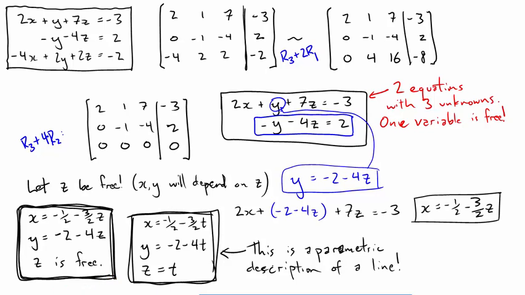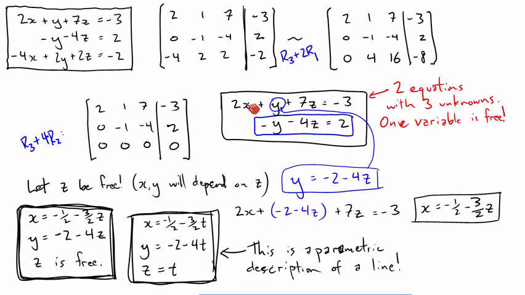So now that we see through these equations that it's a line, let's think about that. We started with 3 equations. These 3 equations up here, each of them determines a plane. We row reduced, and we found there's really just 2 equations that give information. The third one will be automatically satisfied.